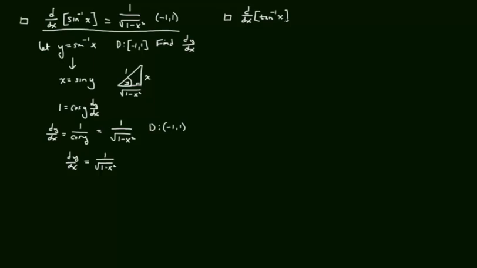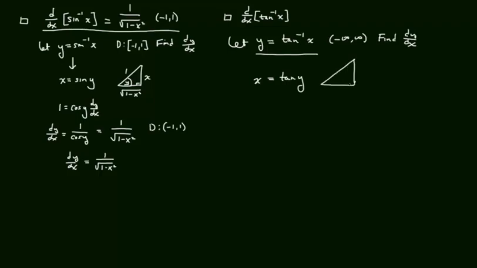Okay, here I go. I'm going to start off with let y equal the inverse tangent of x, which has -infinity to infinity as its domain, and the goal is to find dy dx under the way I defined it. So I start off by saying that x is the tangent of y. That leads me to draw the right triangle representation.